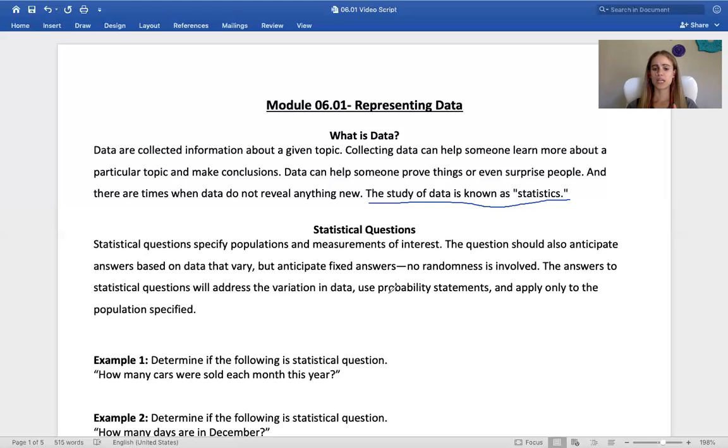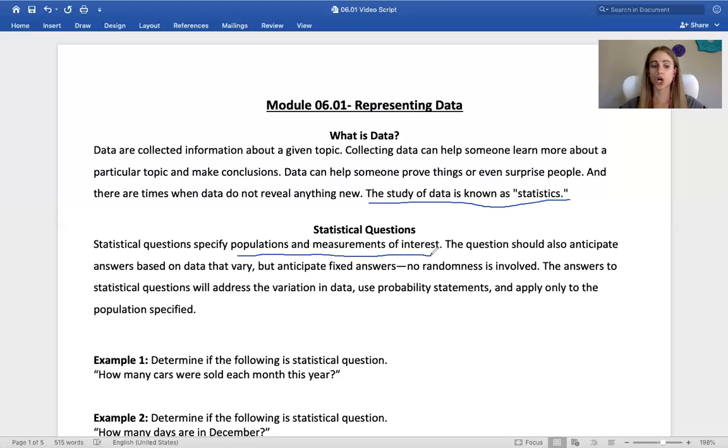So one thing that we need to begin with is statistical questions. So the study of data, as we just learned, is known as statistics. So we need to realize that there are some questions that are statistical questions we can answer with data, others may not. So statistical questions specify populations and measurements of interest.